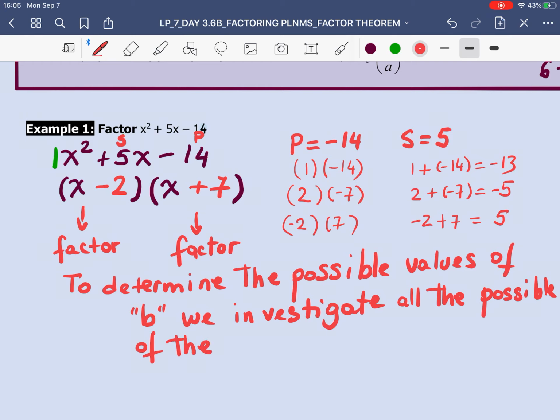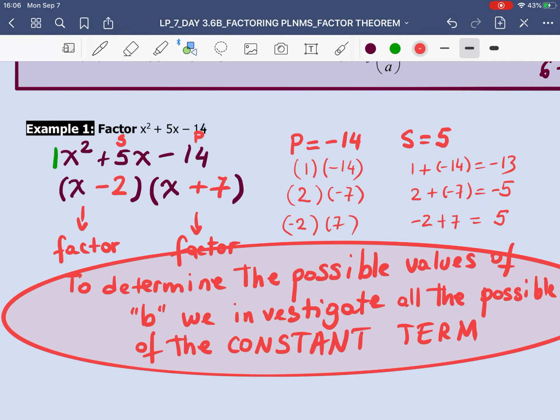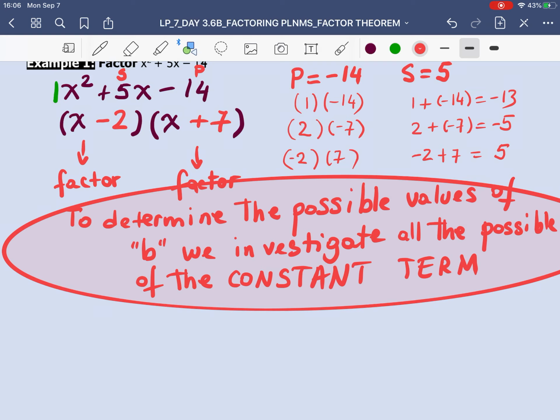And this is one very important rule you need to keep in mind when factoring polynomials. I am going to box this up because this is so important to remember. Hopefully it doesn't look bad. Okay, good enough.